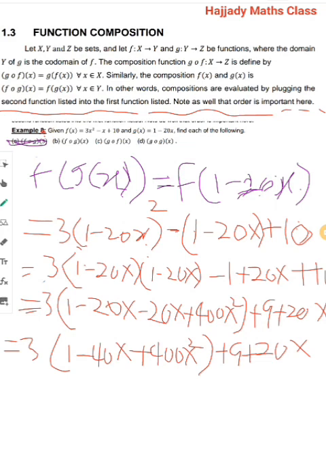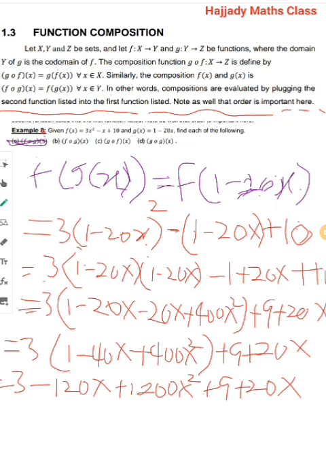So expanding the bracket once again, using this 3 to multiply what's inside this bracket, we have 3 minus 120x plus 1200x squared plus 9 plus 20x.